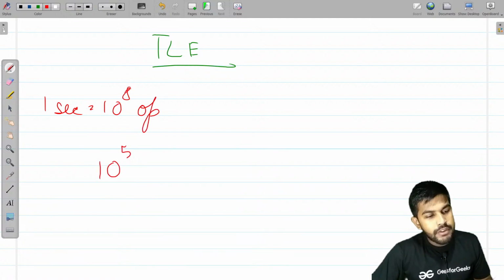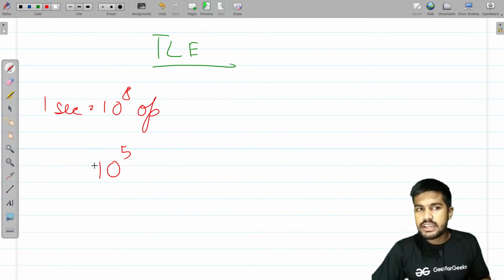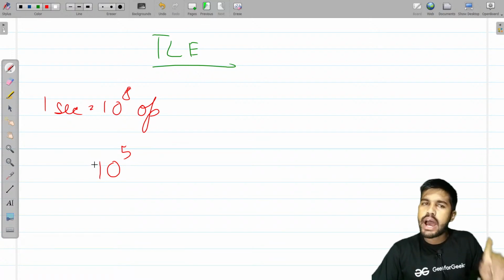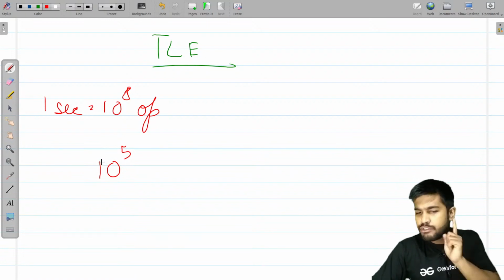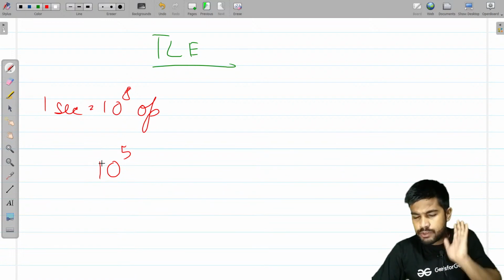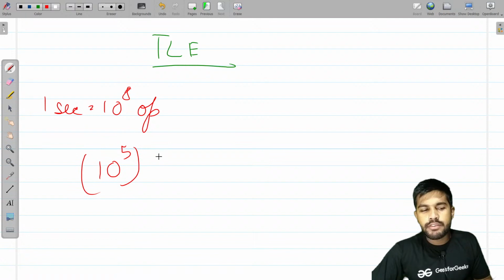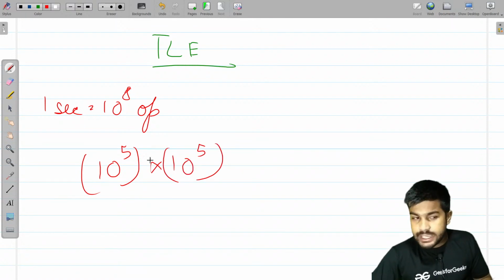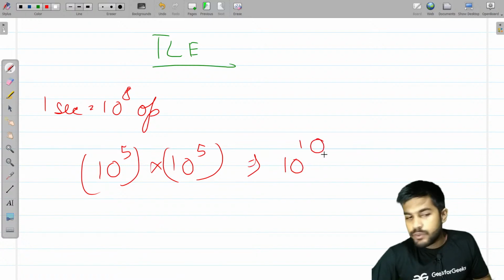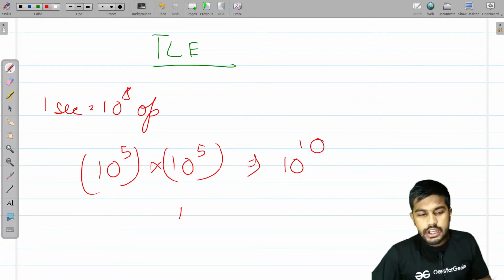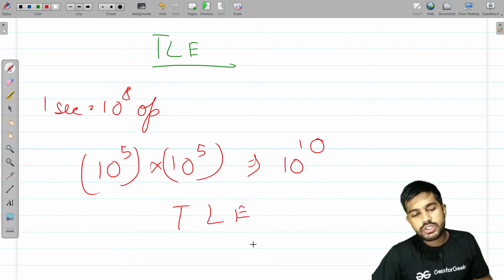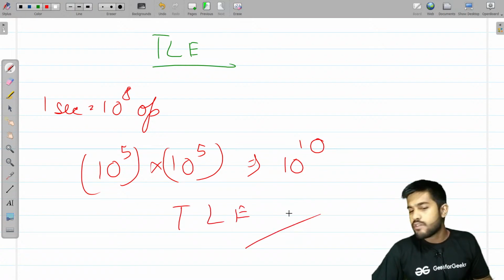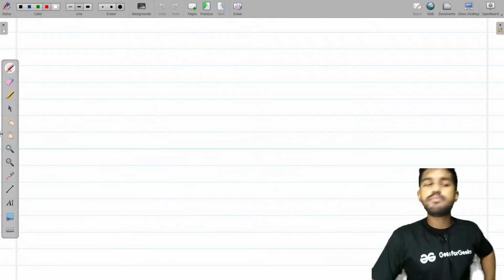So 10 to the power 5 we take as the upper bound because the question setter might have at least one test case that would test your solution for the upper bound. So 10 to the power 5 multiplied with 10 to the power 5 because it is an n square approach. So that would be 10 to the power 10. 10 to the power 10 is greater than 10 to the power 8. So we would be getting a TLE. Okay. Moving forward, we can't implement this.